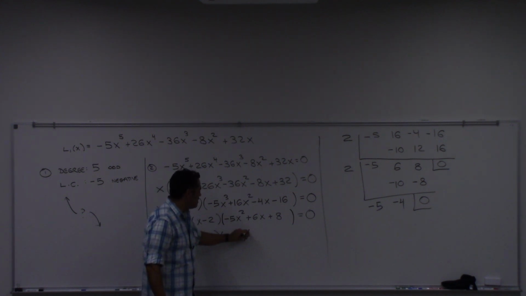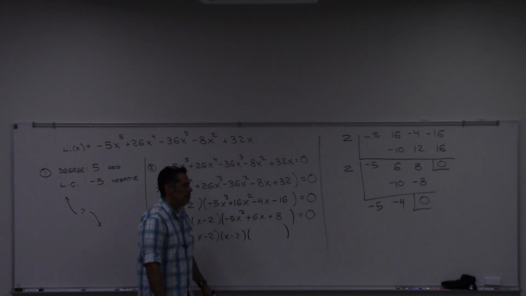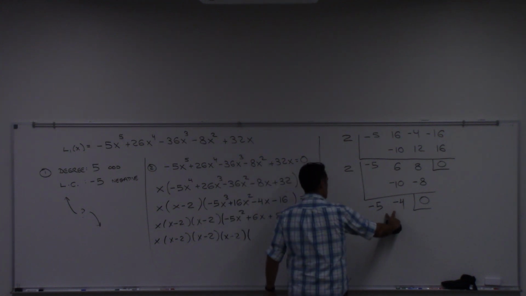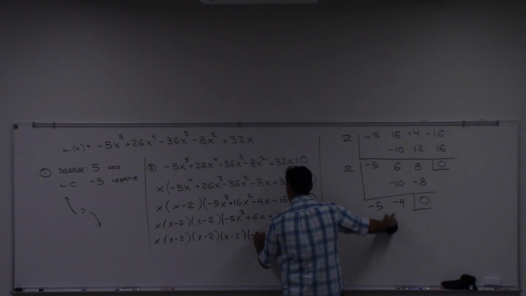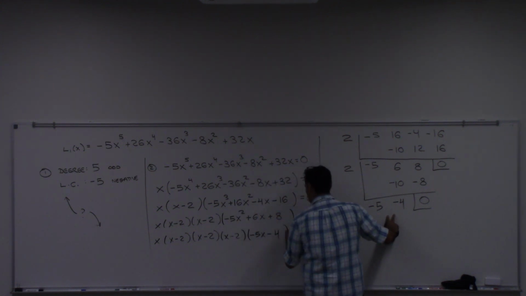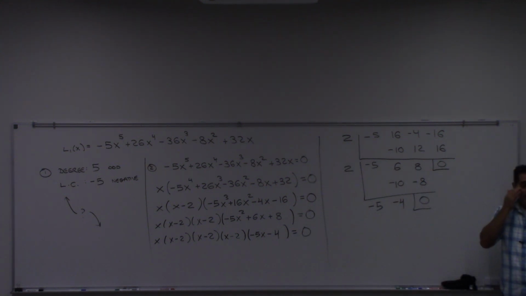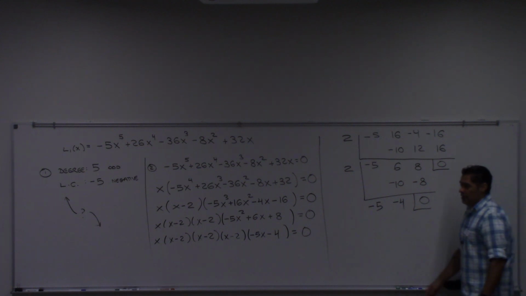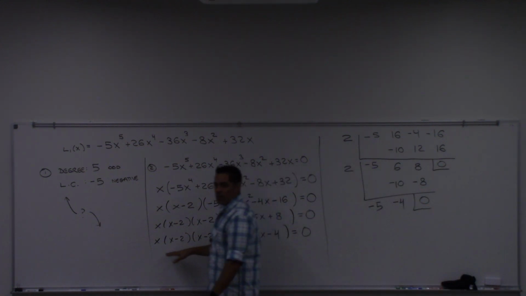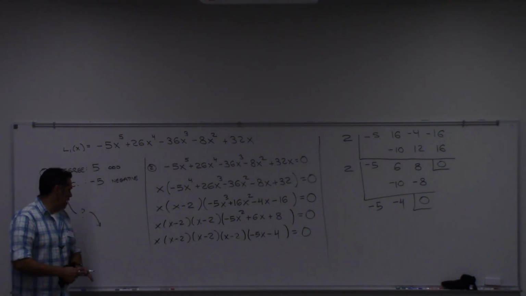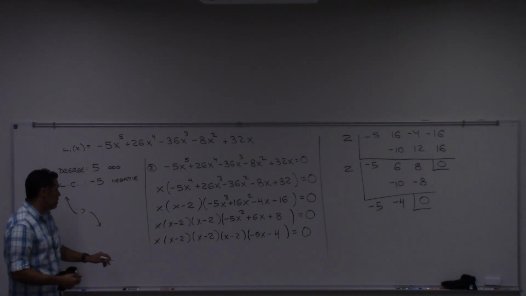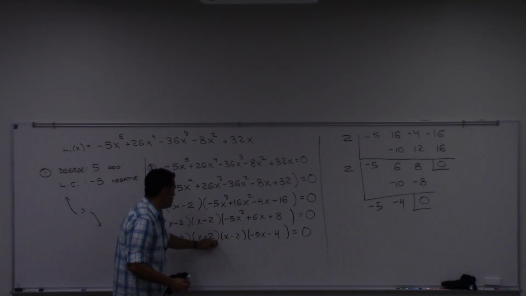And then what's the last factor here? It comes from this right here: -5x minus 4 equals 0. There it is. We have completely factored that 5th degree polynomial. And we can see that some stuff is repeated: this right here, this right here, this right here.